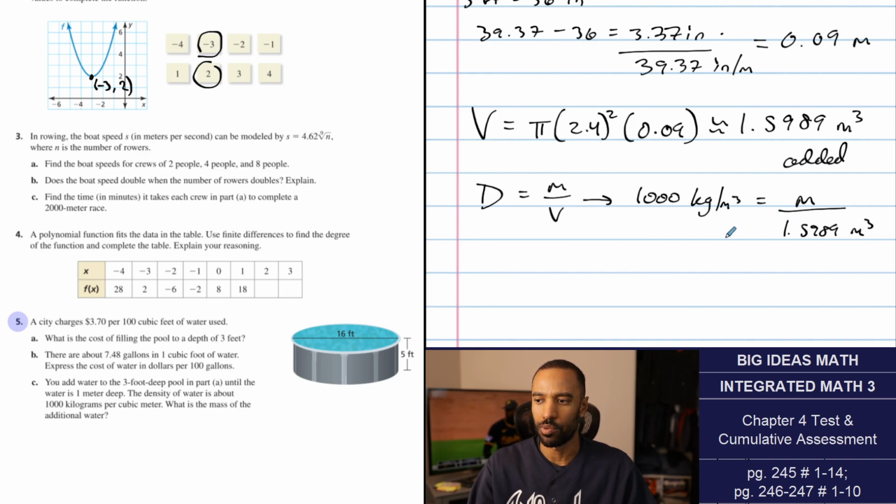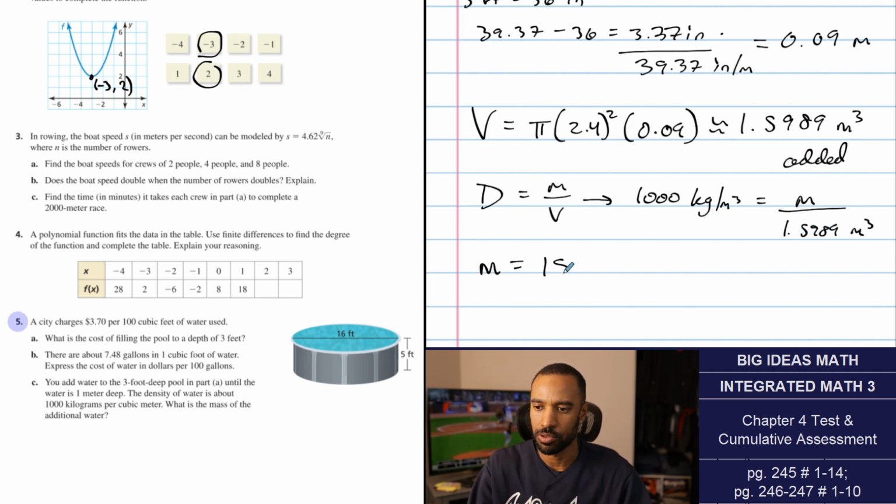So what we're going to do when we multiply both sides by 1.5989 is get our mass, and that'll be in kilograms, which is a decimal shift. That's 1,598.9. I'll put 1599 kilograms of mass.